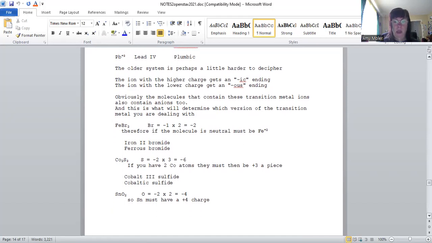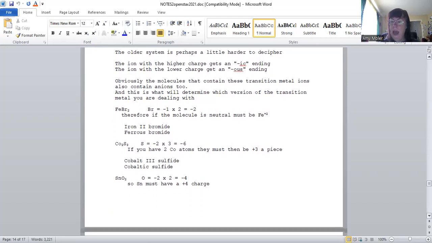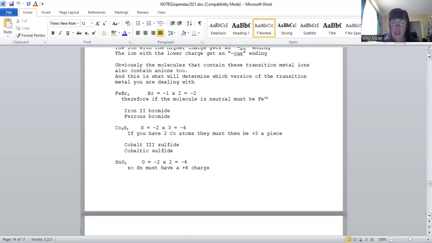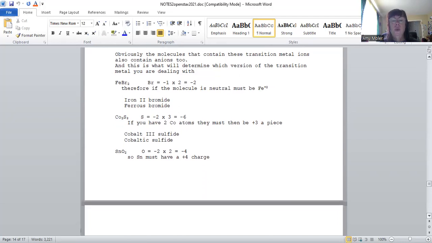All right, let's make some molecules that now involve transition metals. We're going to start on the right-hand side of the molecule and work our way backwards. So start with the anion portion. FeBr2. Br, a halogen, has a -1 charge. We've got 2 of them.